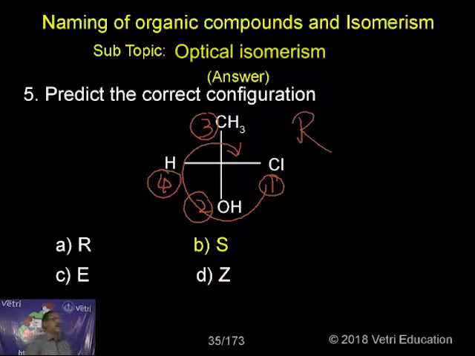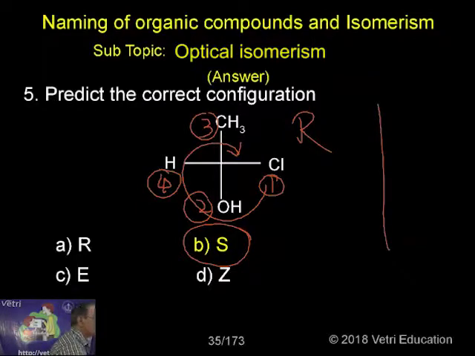R is the predicted value, but here the right answer given is S. What is the controversy? Because the rule is applicable only for a model. But if it is applied to two-dimensional drawings, Fischer has given a very good guidance.